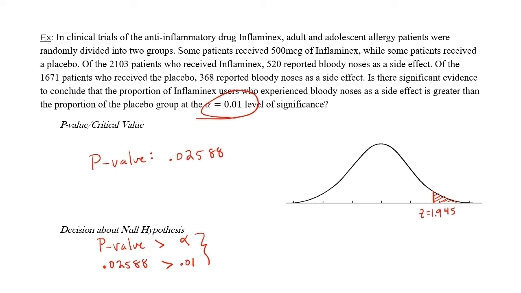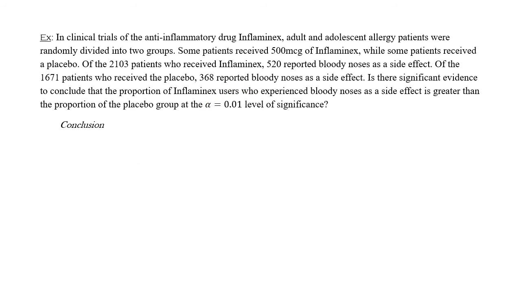So it didn't quite give us a small enough p-value to warrant any rejection of the null hypothesis. So in this case, we're going to fail to reject. So what kind of conclusion can we draw from that?